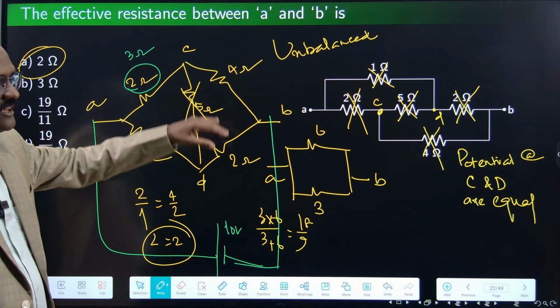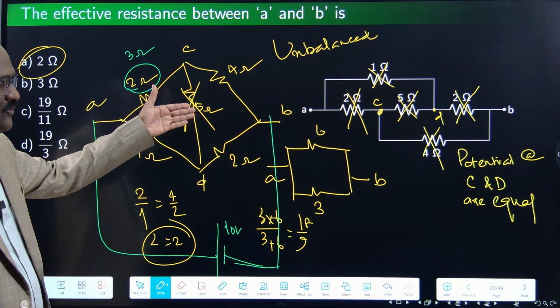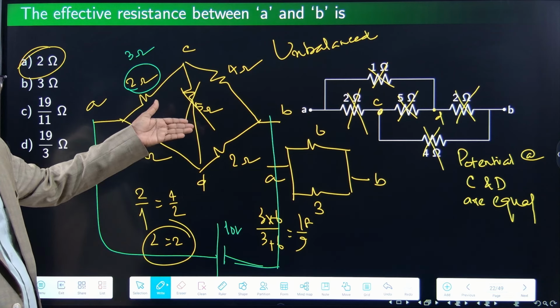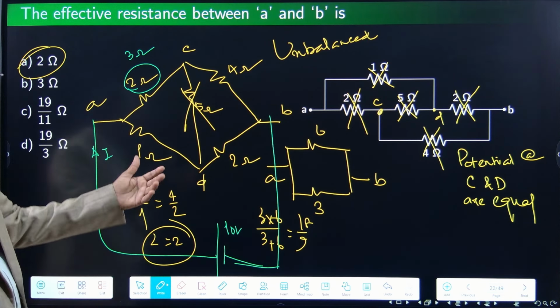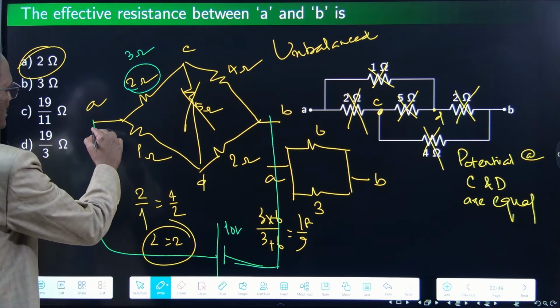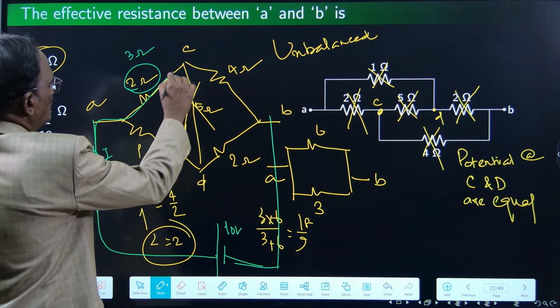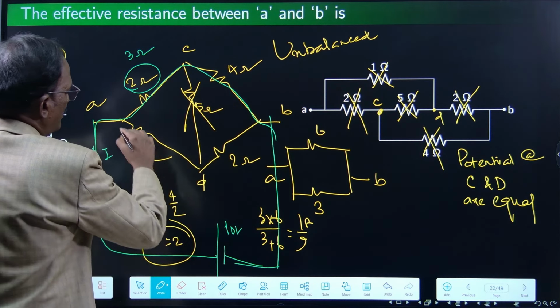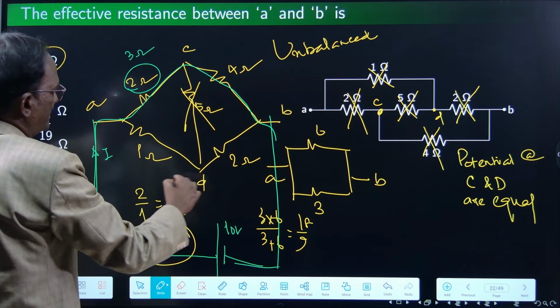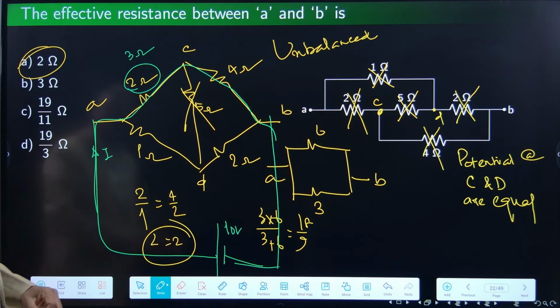Because all the resistances are available. Now you can't remove 5 ohms here because it is an unbalanced Wheatstone bridge. Right? You apply Kirchhoff's voltage law. Loop number 1, loop number 2, loop number 3. 3 loops you need.